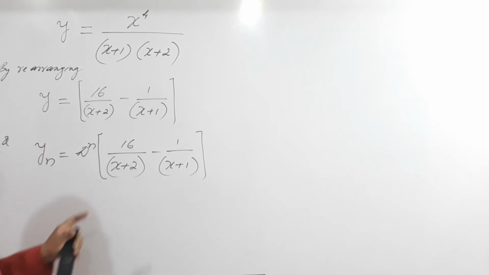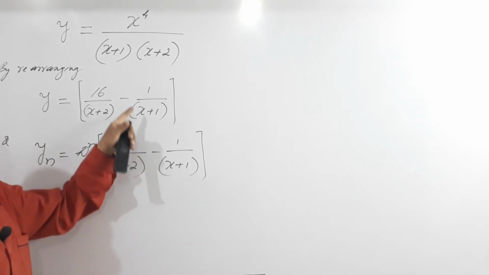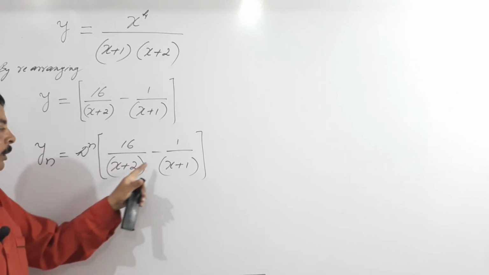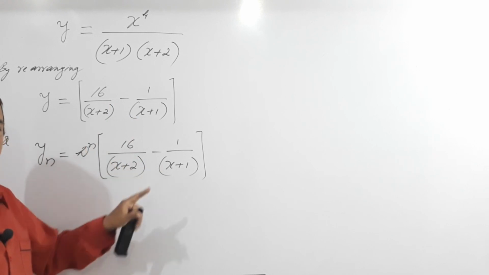So dear students, don't take this 16 as to the power of n. There is no a here. The coefficient of x is 1, here also the coefficient of x is 1, that is our a.